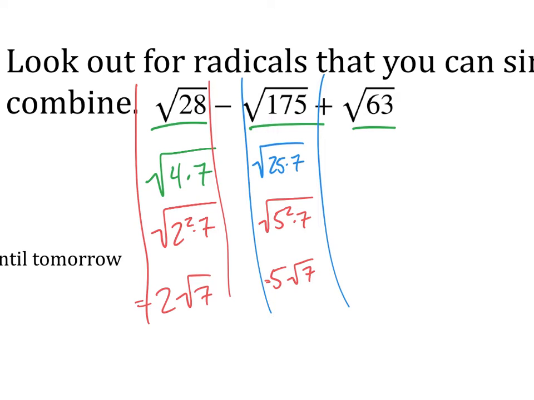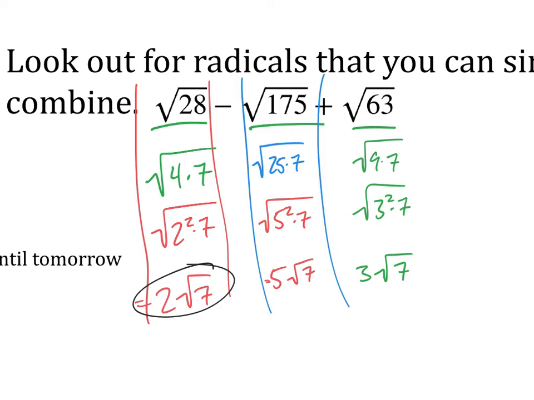Okay, let's keep going. 63 is, well, it is 9 times 7. And 9 times 7 is the same as 3 squared times 7. And so we end up with 3 square roots of 7 here.